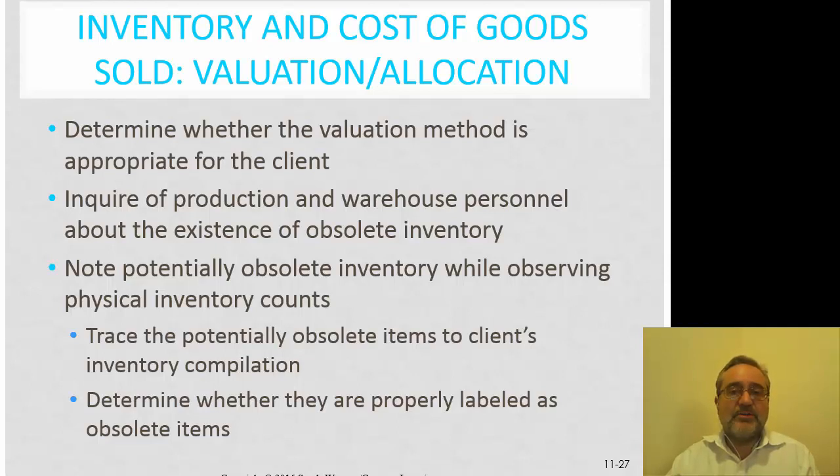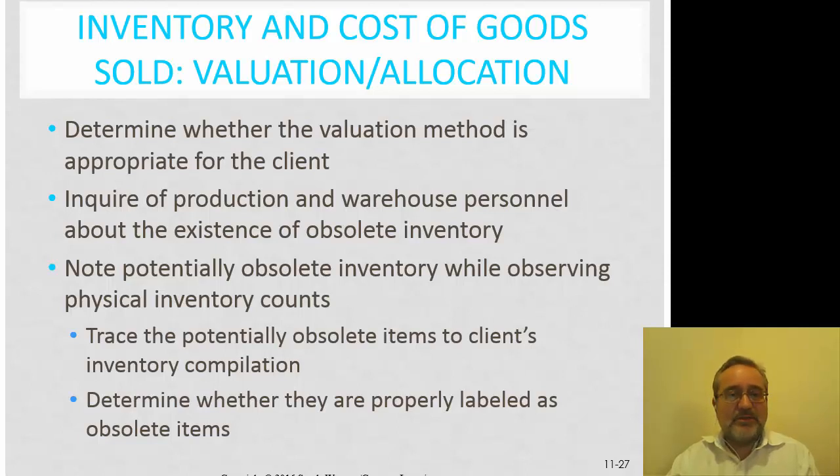We may in fact also want to talk to sales personnel to determine if there is inventory that is difficult to sell. Note potentially obsolete inventory while observing physical inventory counts. It's very easy to note obsolete inventory. If you see an excess of inventory, maybe you're going to see inventory that has a lot of dust on it.